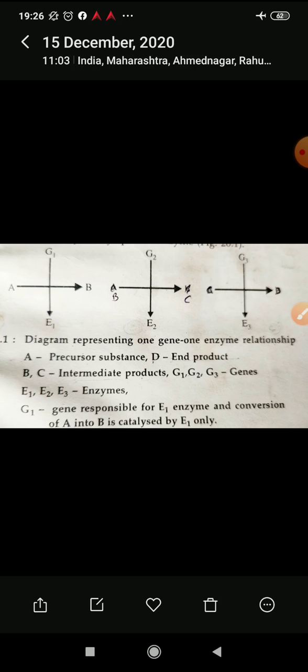Specific genes control the formation of specific enzymes, and this concept is called the one gene, one enzyme hypothesis.